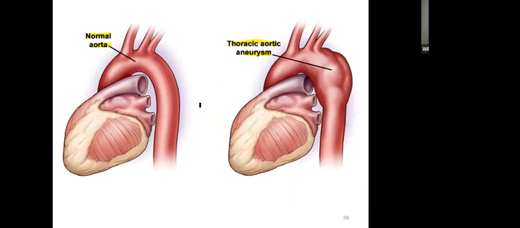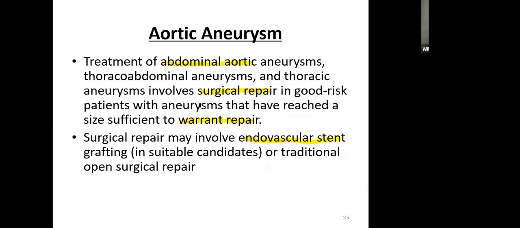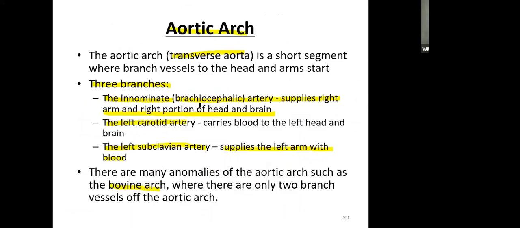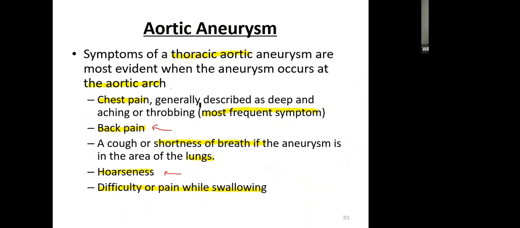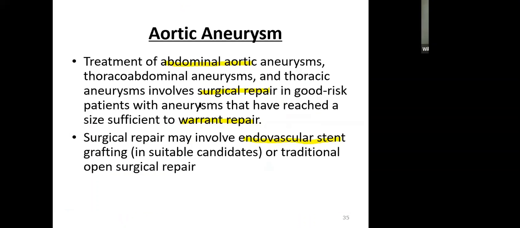So we've talked about the aorta, and we've talked about the branches from the aorta and some of the clinical correlations to that. We've talked about the superior vena cava and the drainage to the superior vena cava and how that occurs, and a few cases in relation to that.